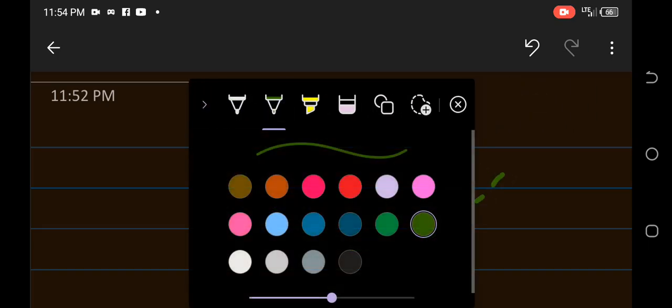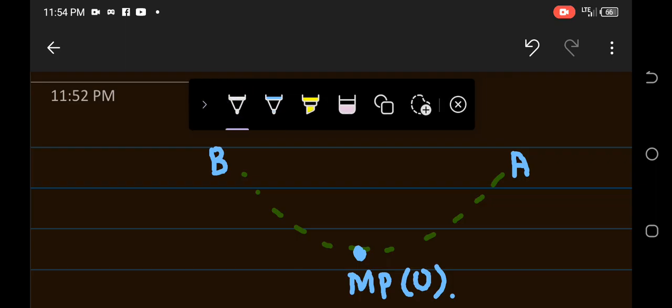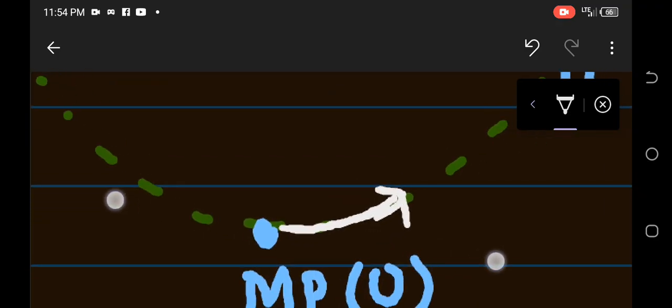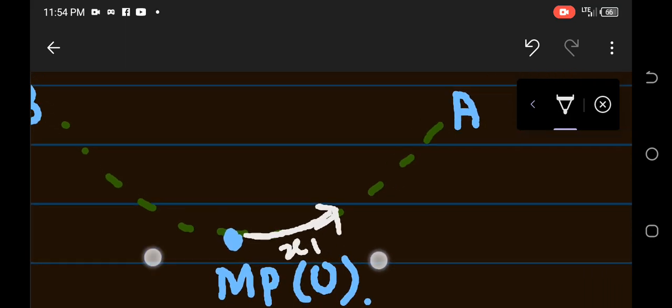Here you can see we have highlighted point B, this is point A, and this is the mean point, and we can say 0. Okay, these are 3 points. If I displace something from here to over here, this is the displacement I perform, displacement x1.